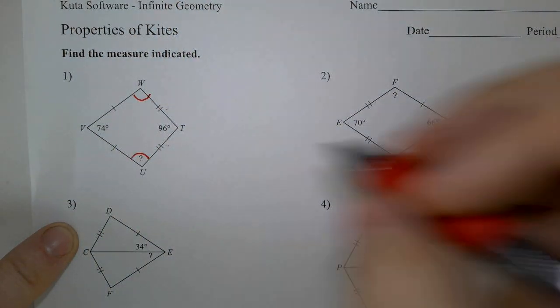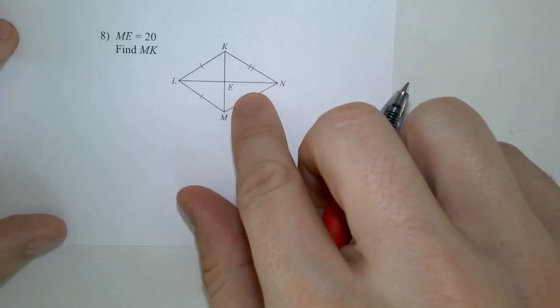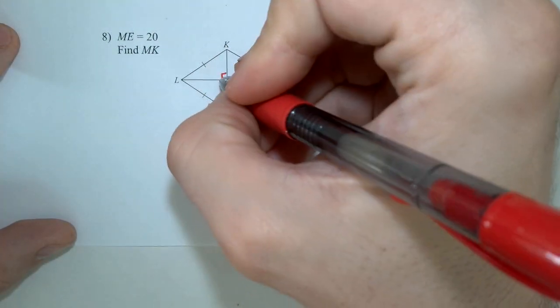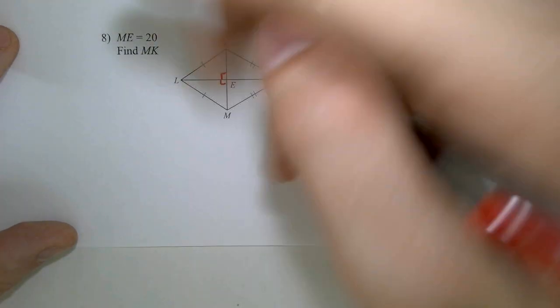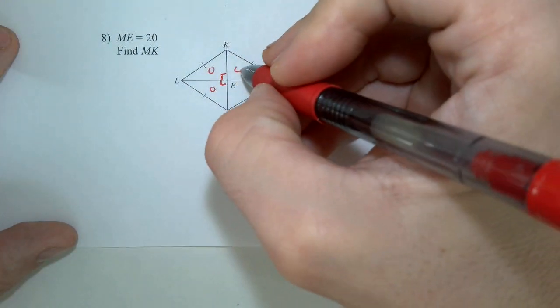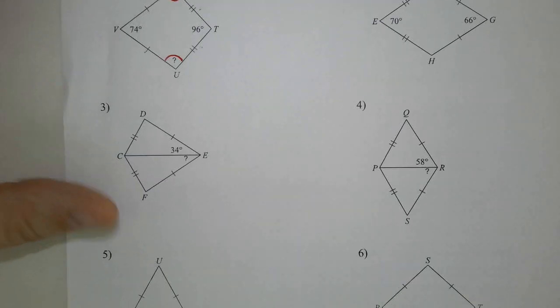Not only that, but later on, we could create four little right triangles, two of which would be congruent to each other. So these two triangles are equal, and these two triangles that I have squares on are equal as well. So that's the basic idea of kites.